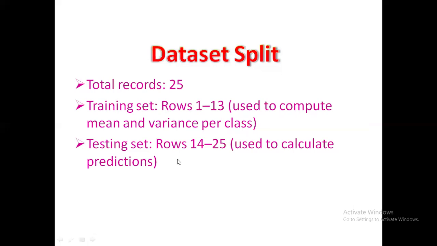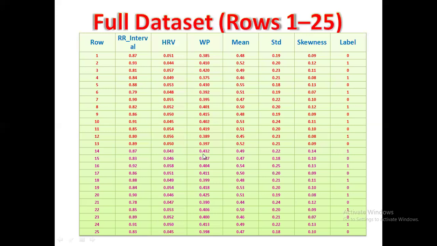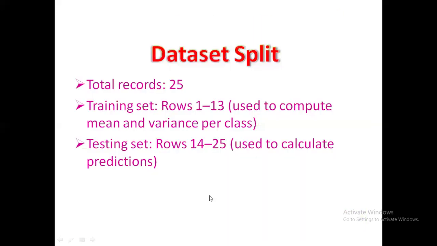Testing set. Rows 14 to 25, we have shown in a different color. The remaining 12 records, rows 14 to 25, form the testing set, which is used to evaluate the model's performance.